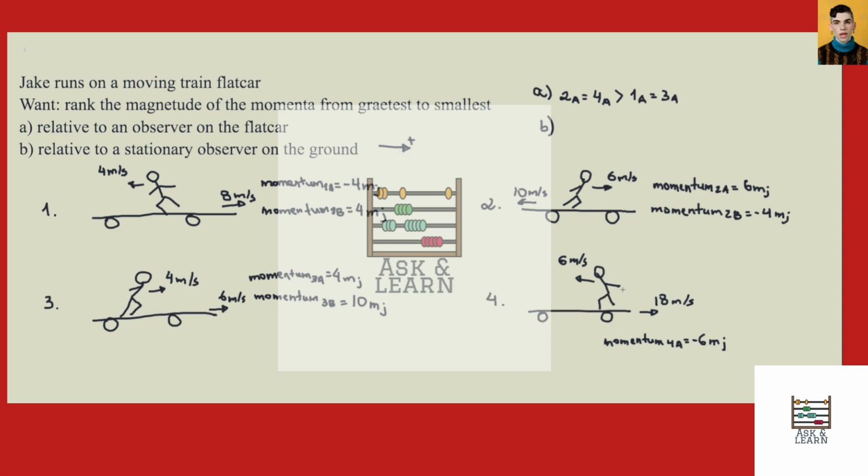So now situation 4, we have the cart moving at 18 meters per second towards the positive side, or to the right side, and Jake moving at 6 meters per second towards the left side. So 18 meters per second towards the positive plus minus 6 meters per second, since it's towards the negative, we're going to get positive 12.